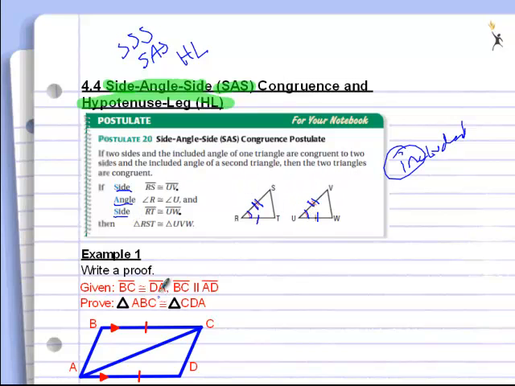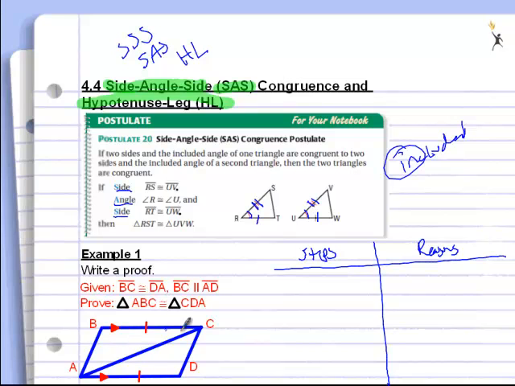We're going to write a proof to show you kind of how you can do this. Again, a two-column proof with our steps and our reasons. We're given this diagram right down here. And the first thing that we're given is that BC, right here, is congruent to DA, right here.